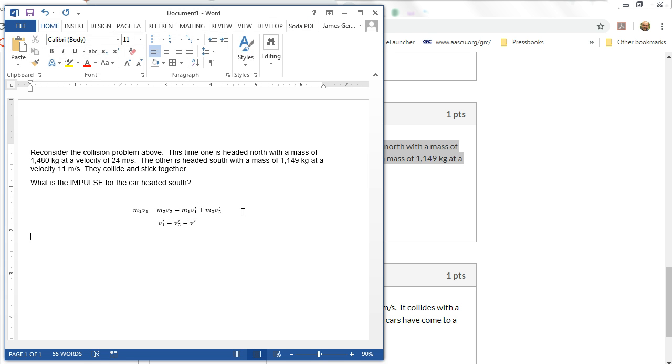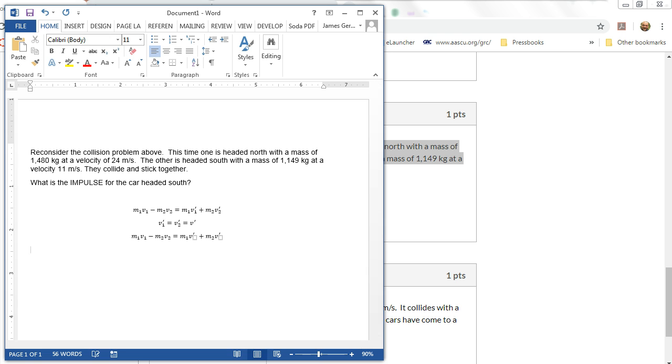All right? So now the equation up here, I can modify a little bit. That's not v1, that's v prime. All right? And that's not v2 prime, that's v prime. All right?